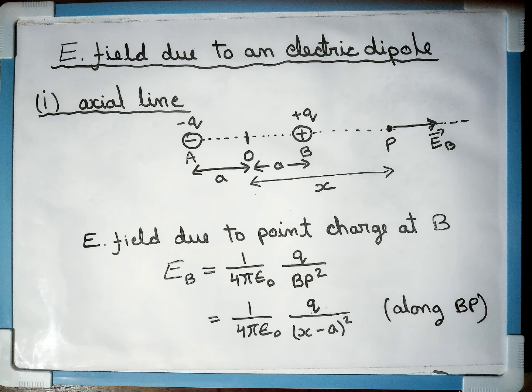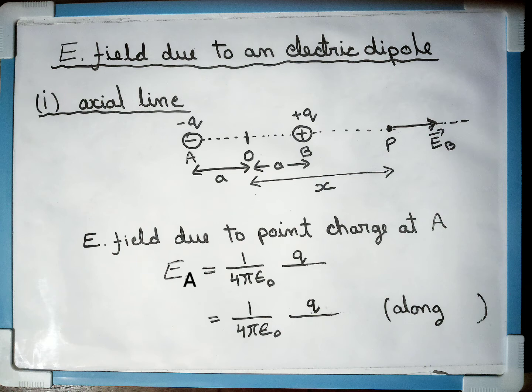Now there's another electric field, which is due to the point charge minus q placed at A, and the magnitude of this electric field due to the charge placed at A is given by 1 by 4 pi epsilon naught q divided by the square of the distance between this point P and the charge placed at A, which is AP.